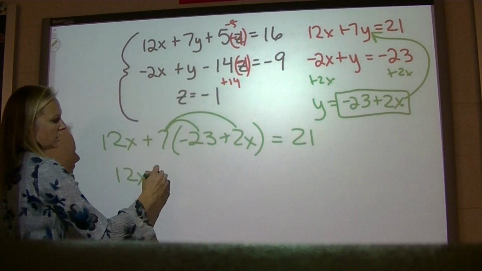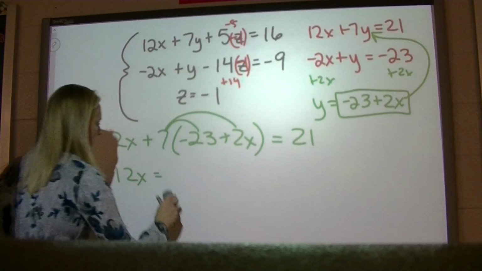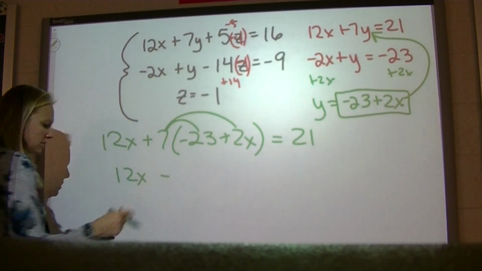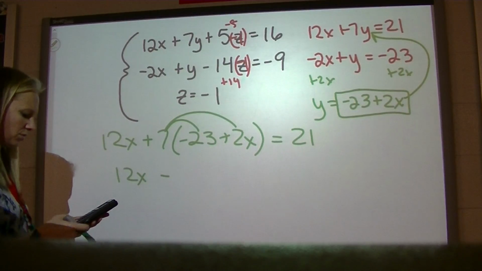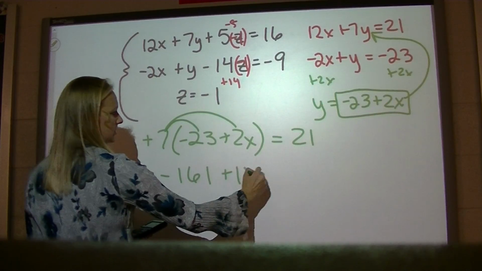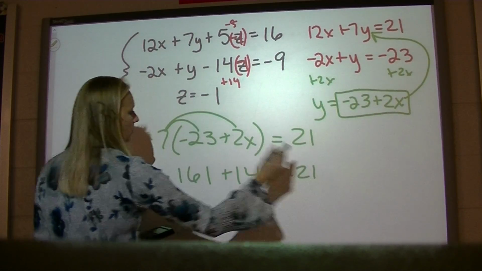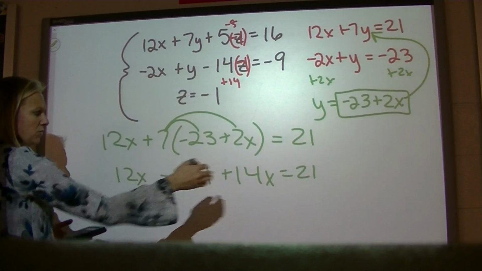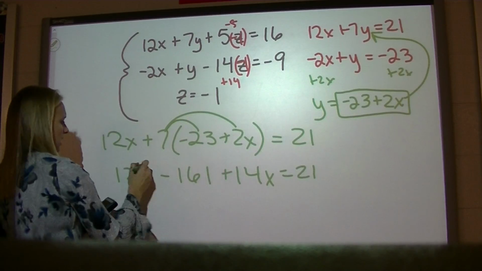So we'll have 12x minus 7 times 23, and that's -161, plus 14x equals 21. And then I would add 161, and then combine these like terms.